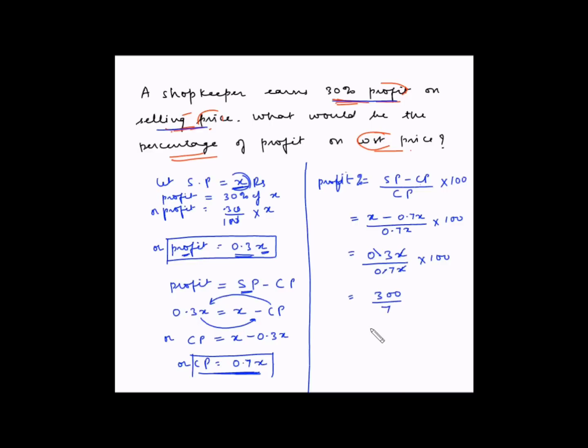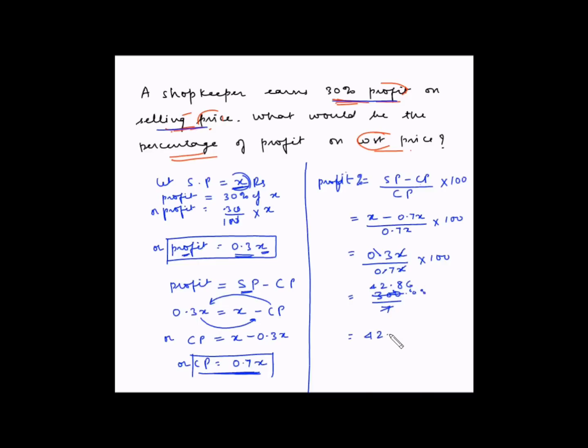So let's do the calculation. So 7 4s are 28. 30 minus 28 is 2, carryover, so 2 carryover. 7 2s are 14, that means 20 minus 14 is 6, so 6 carryover, so 60. 7 7s are 49, 7 8s are 56, so 8 56, 4 carryover, and 7 5s are 35, 7 6s are 42, so let's round it off to 6.